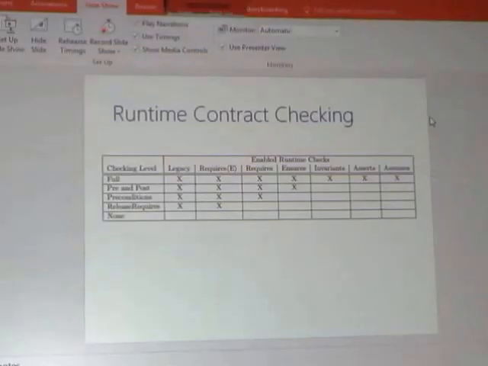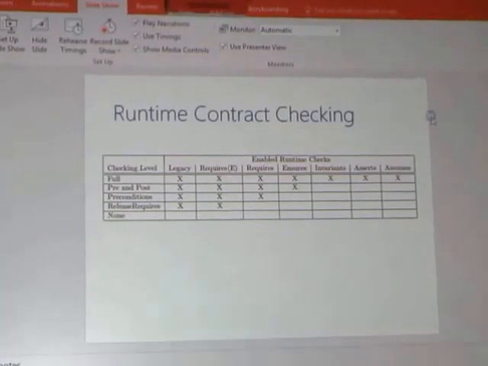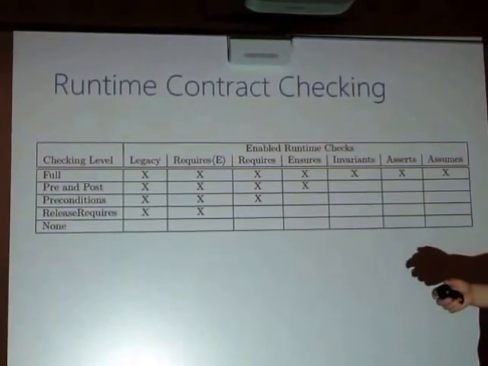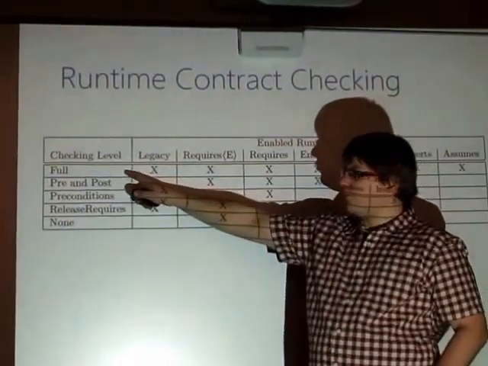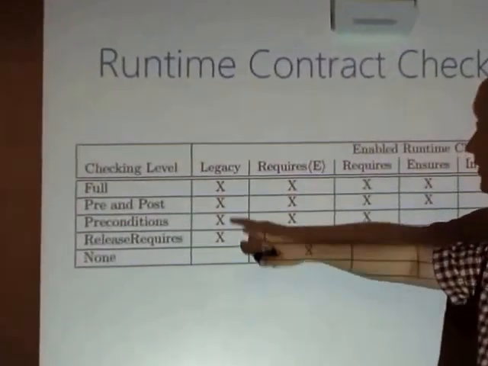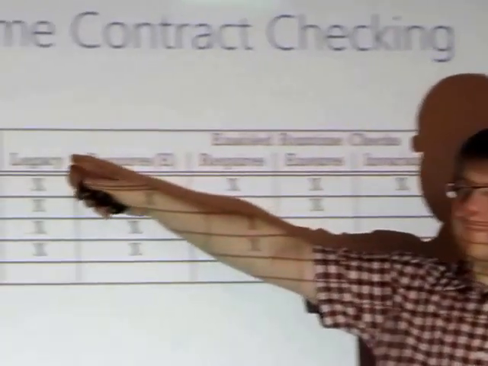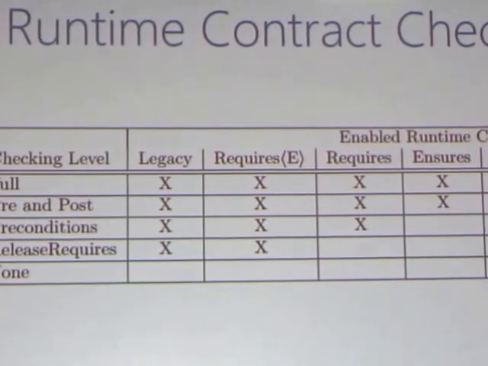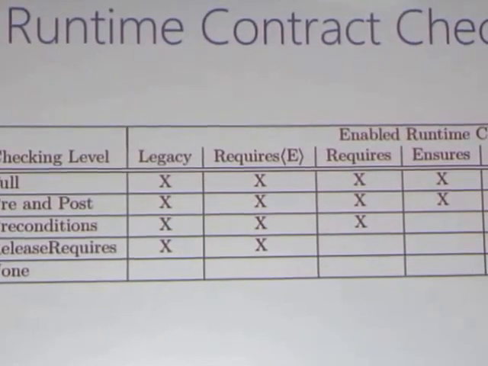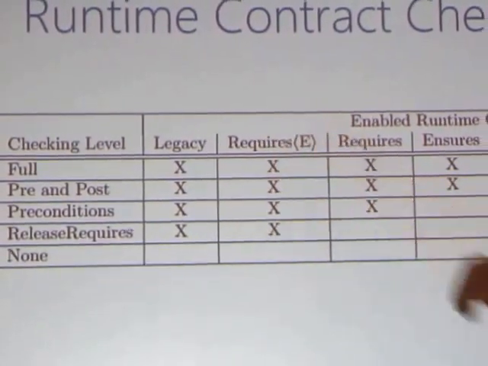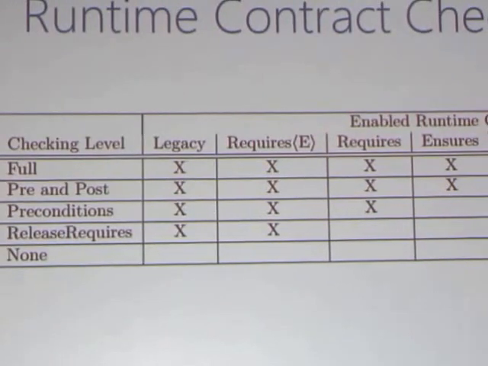So now back to this. And what exactly is happening? When you define the full check level, then everything will be checked. Legacy means an if statement that throws. If you have something like this, it's considered a legacy contract.